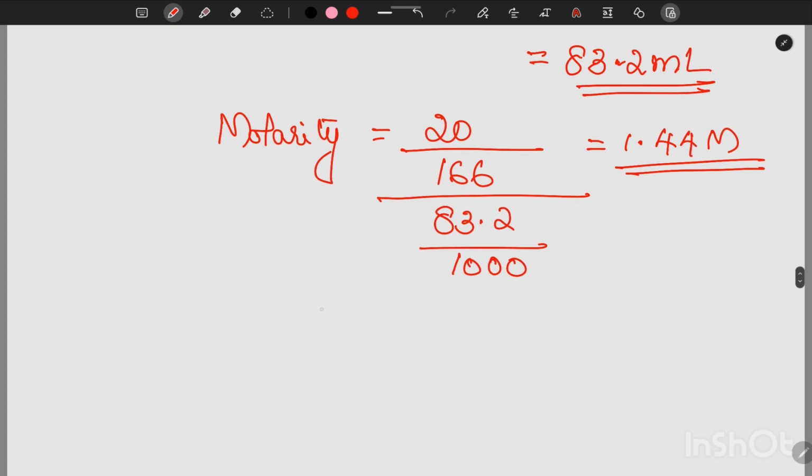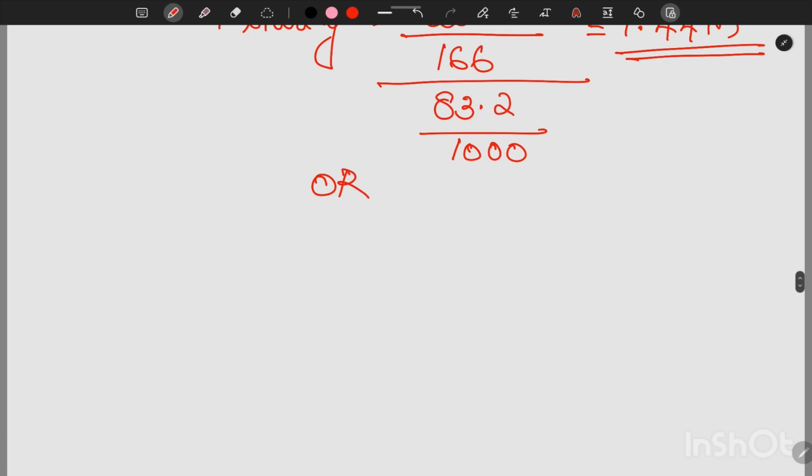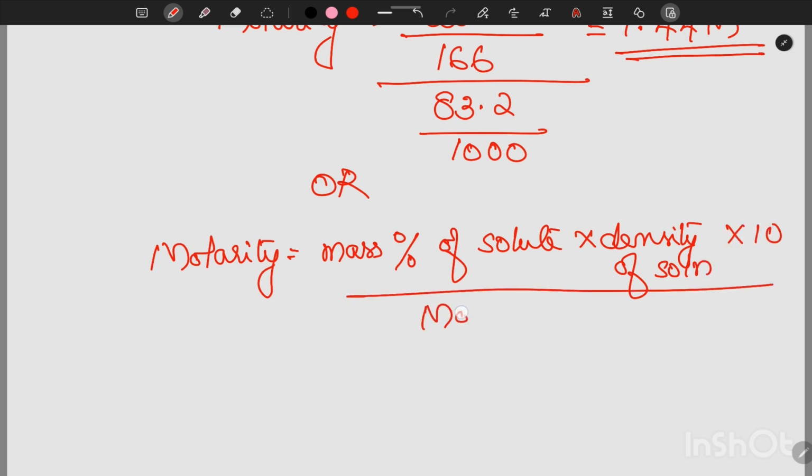Or alternatively, a simple method is there. If you memorize the formula, we can directly do this calculation. Molarity is equal to mass percentage of the solute into density of solution into 10, divided by molar mass of solute.